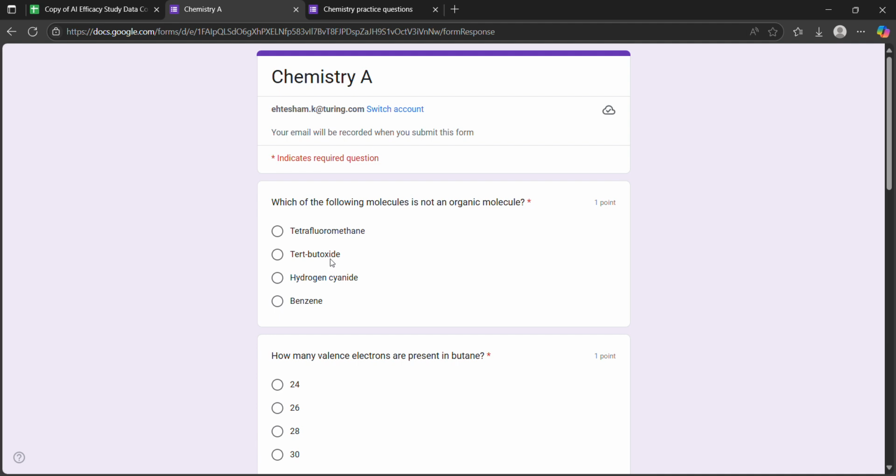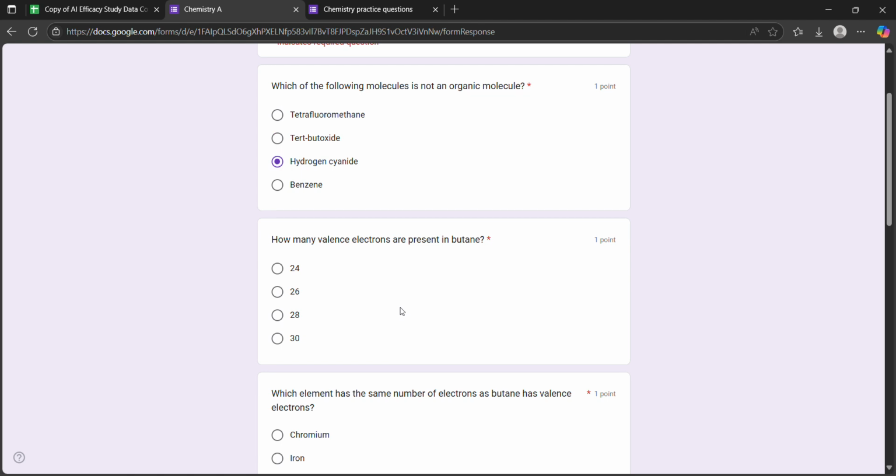Tert butoxide and tetrafluoromethane. Hydrogen cyanide, I think, does not contain anything from organic chemistry. It is an individual substance that is highly poisonous. So let's select hydrogen cyanide.